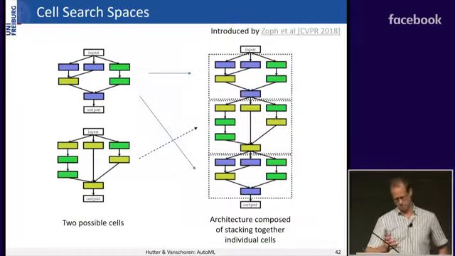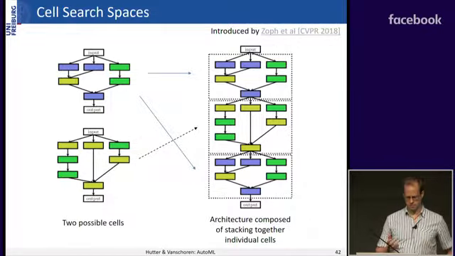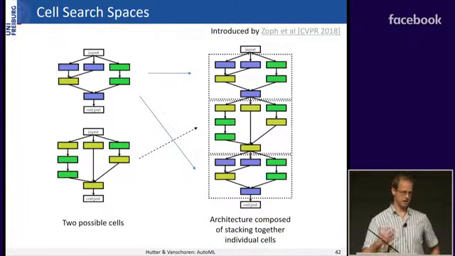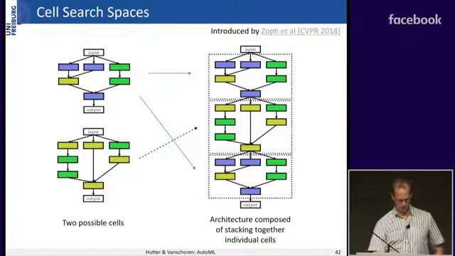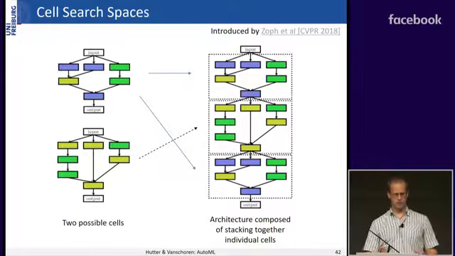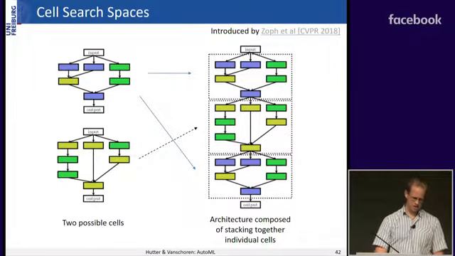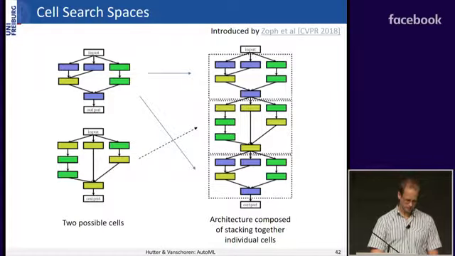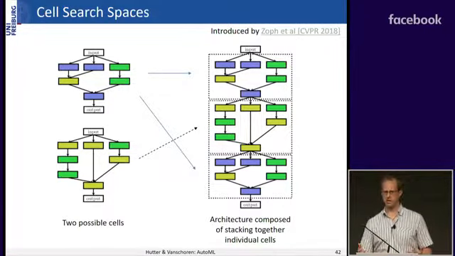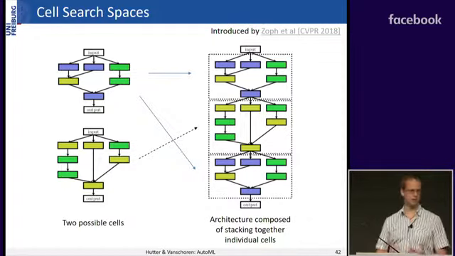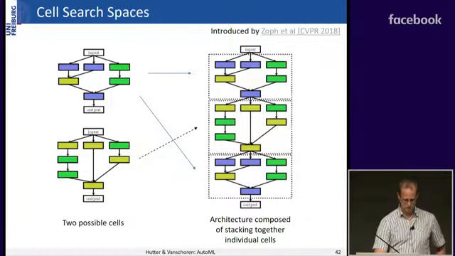Since last year, the type of search space pretty much everyone is using is now actually a cell search space, in which you parameterize a building block that takes some input and yields some output. And then you stack these building blocks together, very much like residual networks or inception networks.